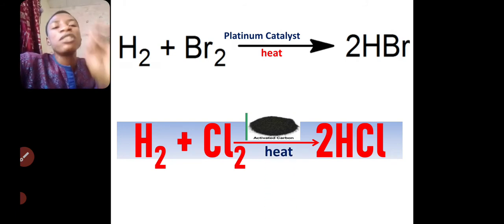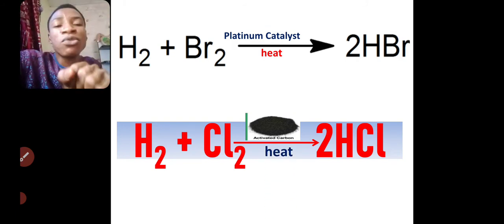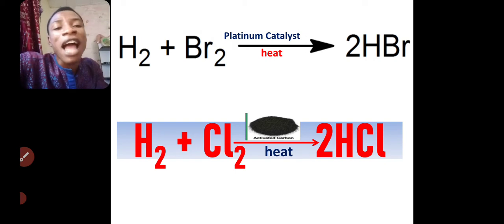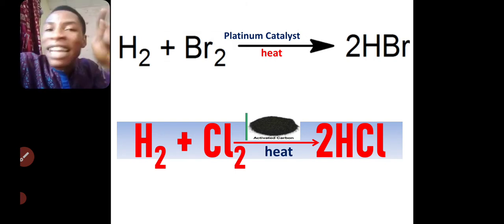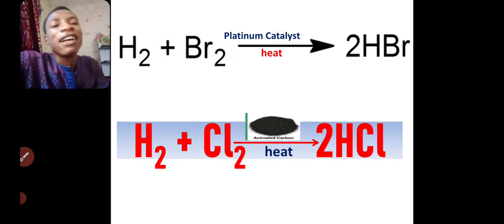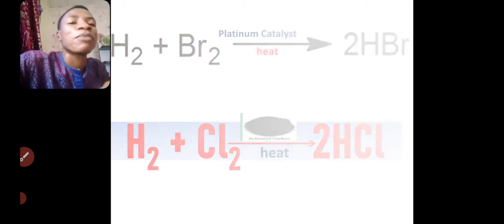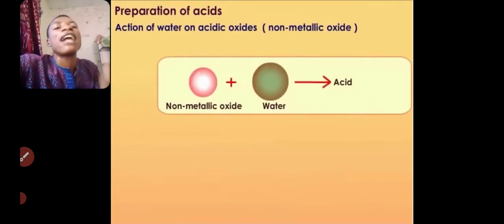Then I also need to heat the two reactants together to give me the acid. So you call this direct combination because I'm reacting the two elements inside the acid directly. That's direct combination.